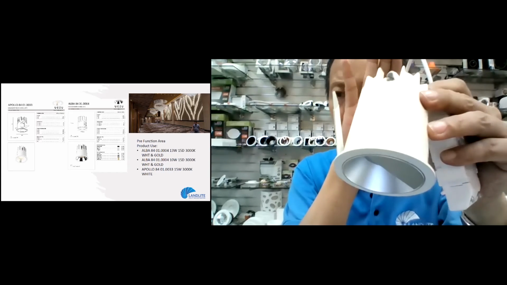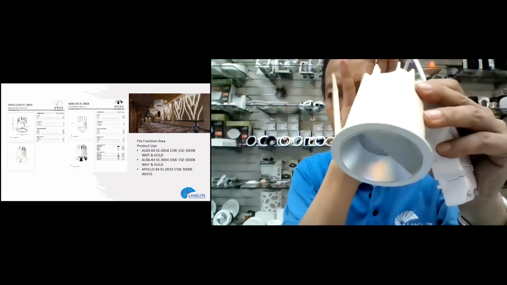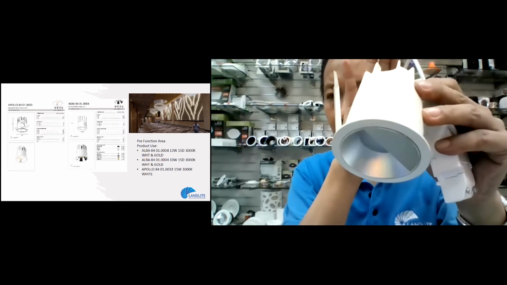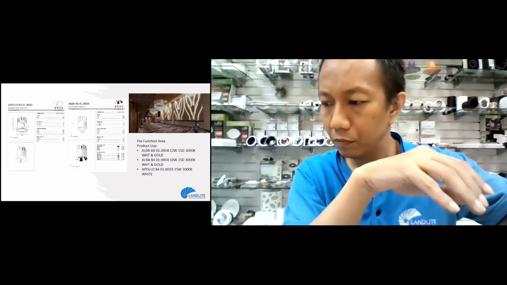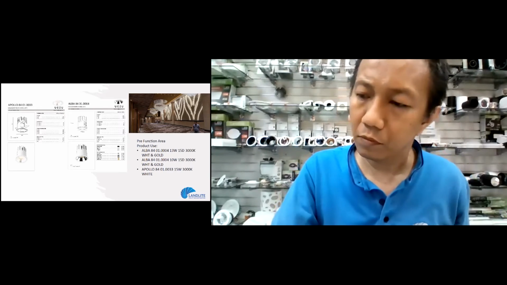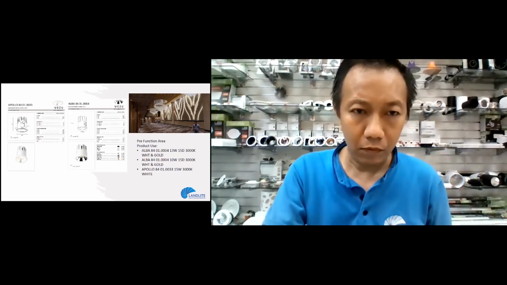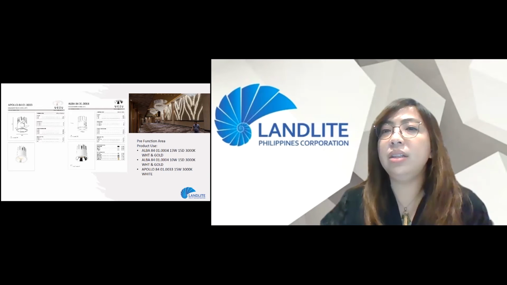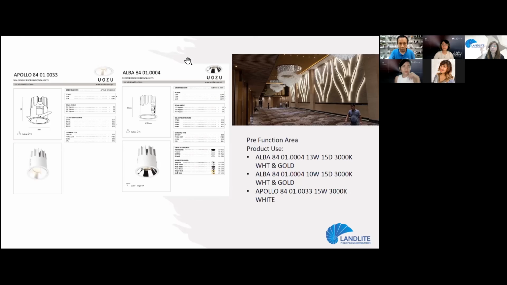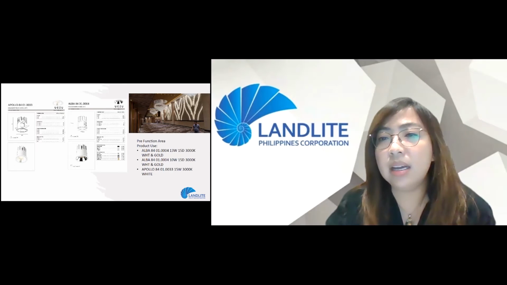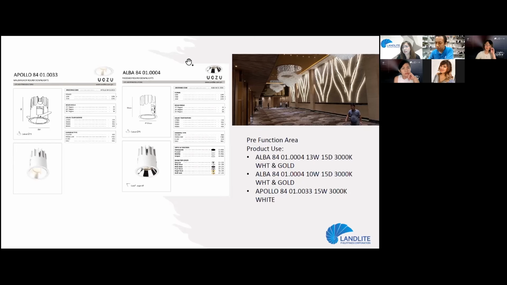And then, the Alba he used, the recessed round downlight, is 13 watts, 15 degrees. Because as I said, they didn't make it too bright since there are chandeliers above. So they're emphasizing the elegance of the chandelier. And then, where did he use the 10-watt Alba?